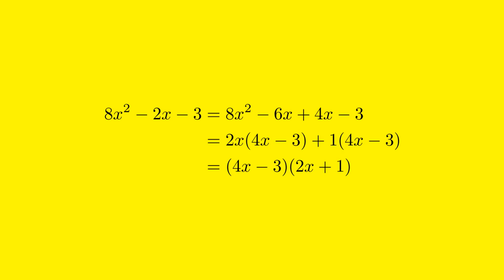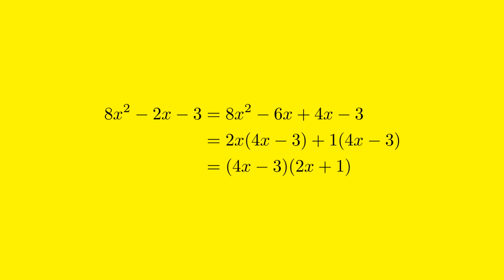We start with the quadratic expression 8x² − 2x − 3. Now the aim is to rewrite this in the form of two binomial expressions multiplied together, each with two terms, following the pattern (ax ± b). We can start by factoring out a common factor if there is any. No such common factor exists in this case.